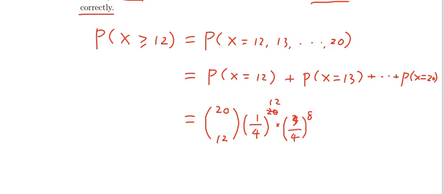Then X equals 13 is 20 choose 13 questions: the good thing happens 13 times and the bad thing happens 7 times, and then plus.